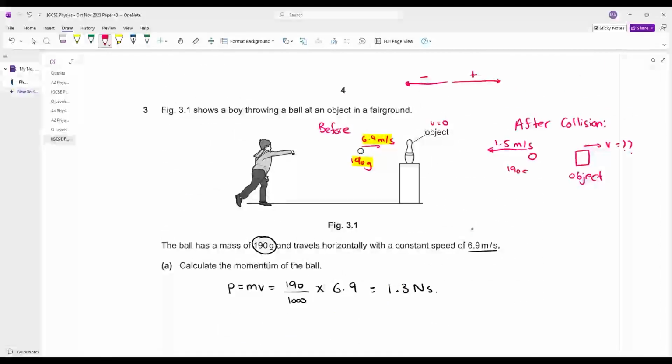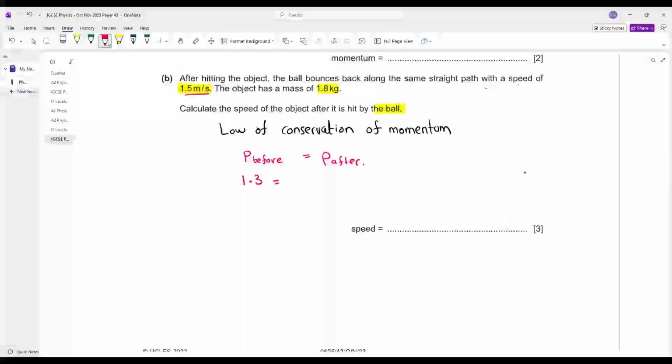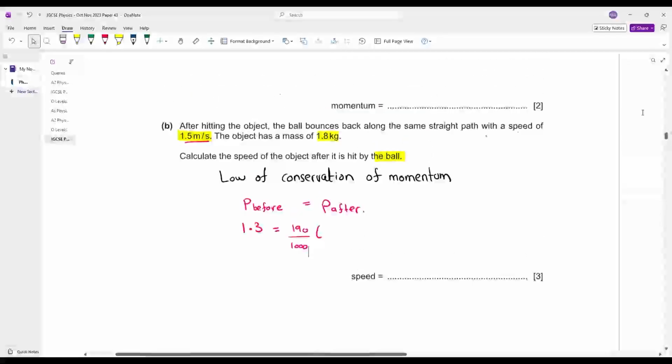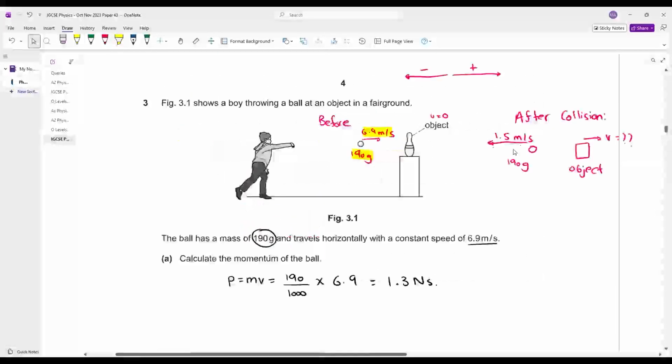You have a ball of 190 grams traveling towards the left with a velocity of 1.5. How will you write this? Mass of 190 divided by 1000. Can you realize the velocity is towards the left?